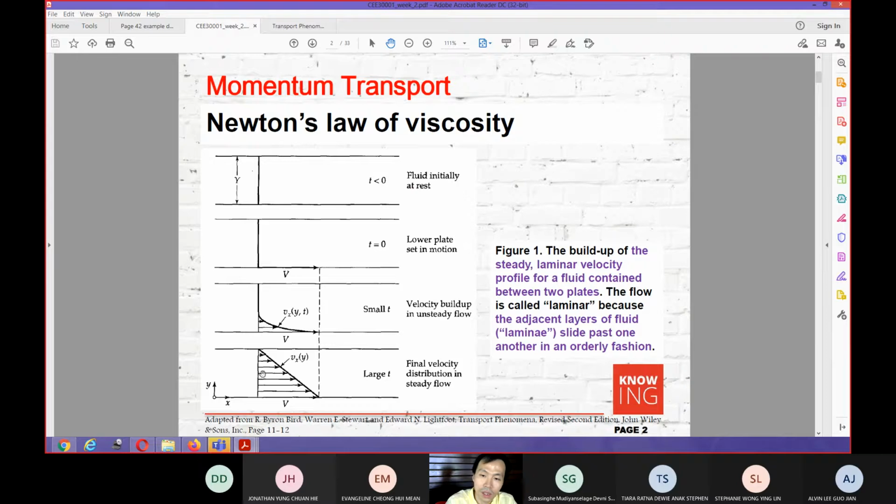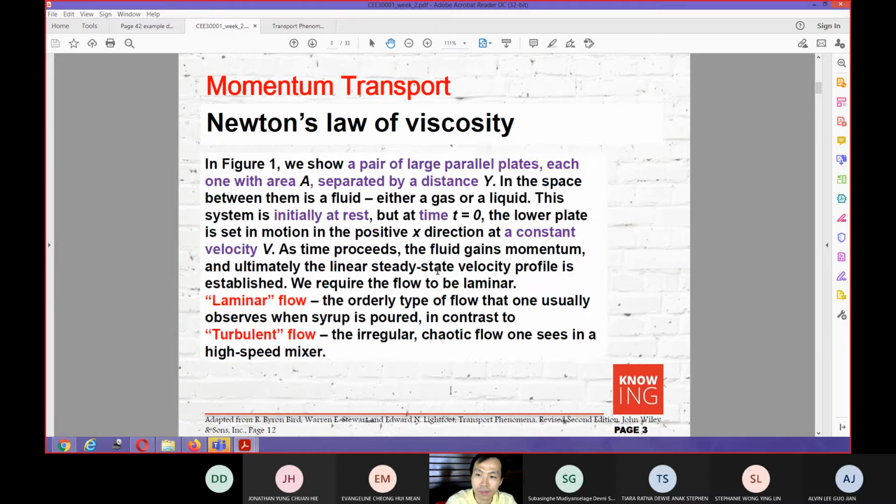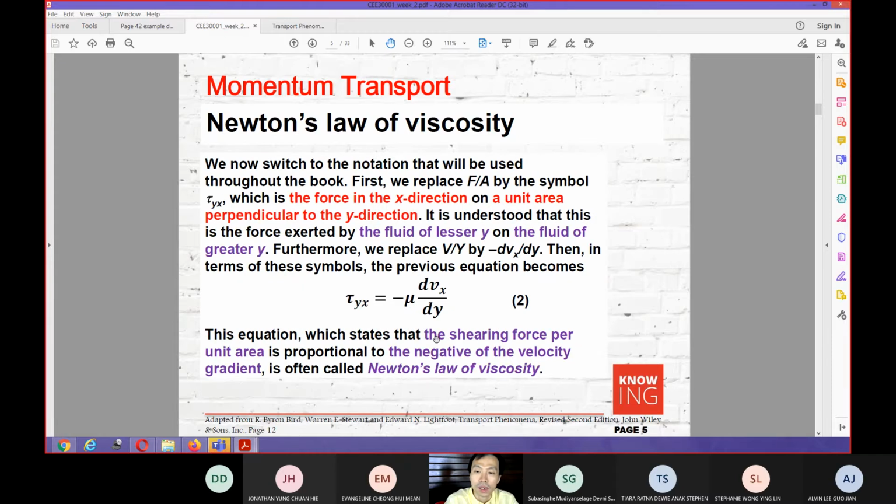So this is called a dy, an incremental in the y direction position. Okay, this equation in here, equation number 2, which states that the shearing force per unit area is proportional to the negative of the velocity gradient, is often called Newton's law of viscosity.